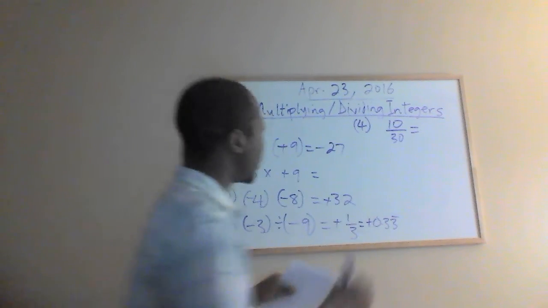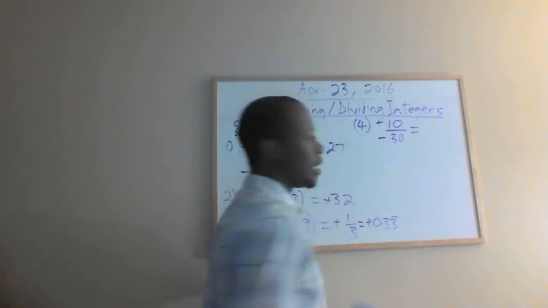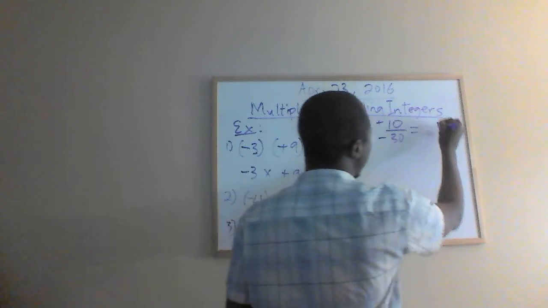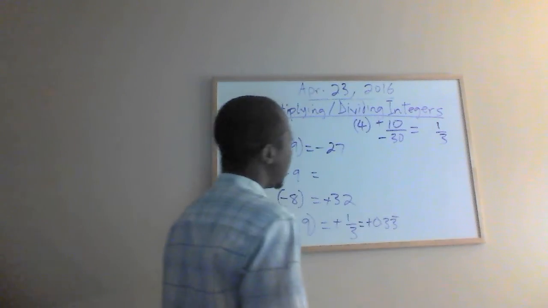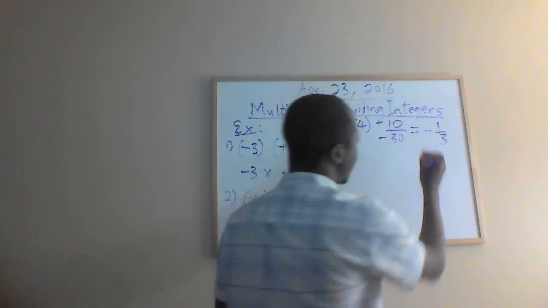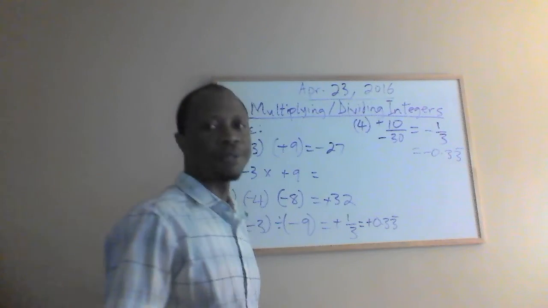Over here we can cancel out the two zeros and we get 1 over 3. Positive over negative is negative. Or if we like, we can convert it to decimal.